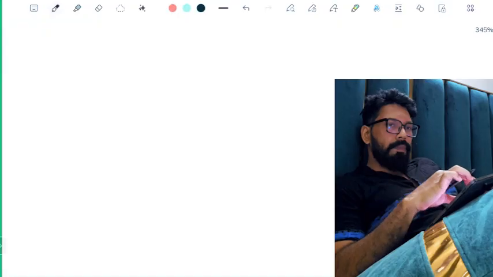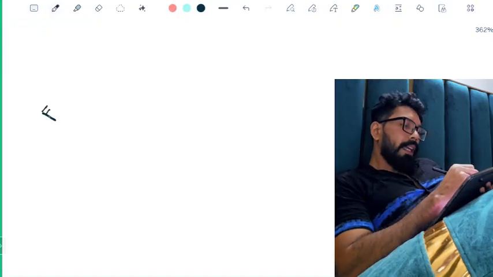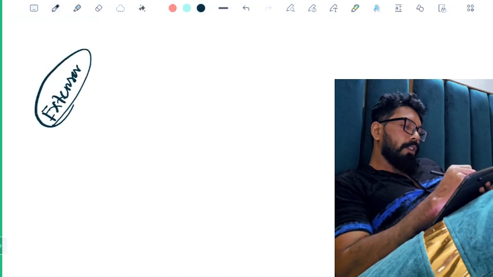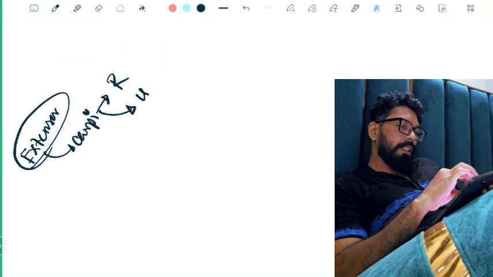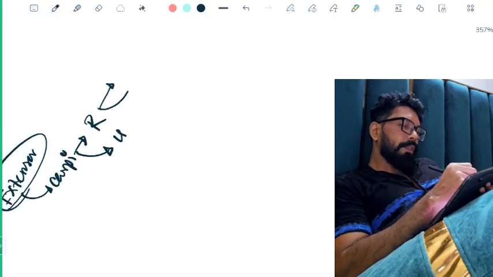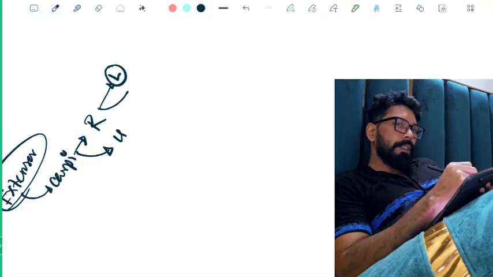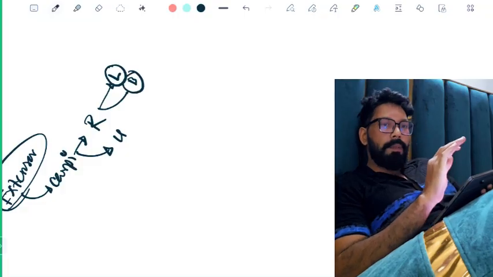Remember, this is mainly the extensor compartment. Extensor up to carpal bone: extensor carpi radialis, extensor carpi ulnaris. In case of radialis, we have longus and brevis. Simple.